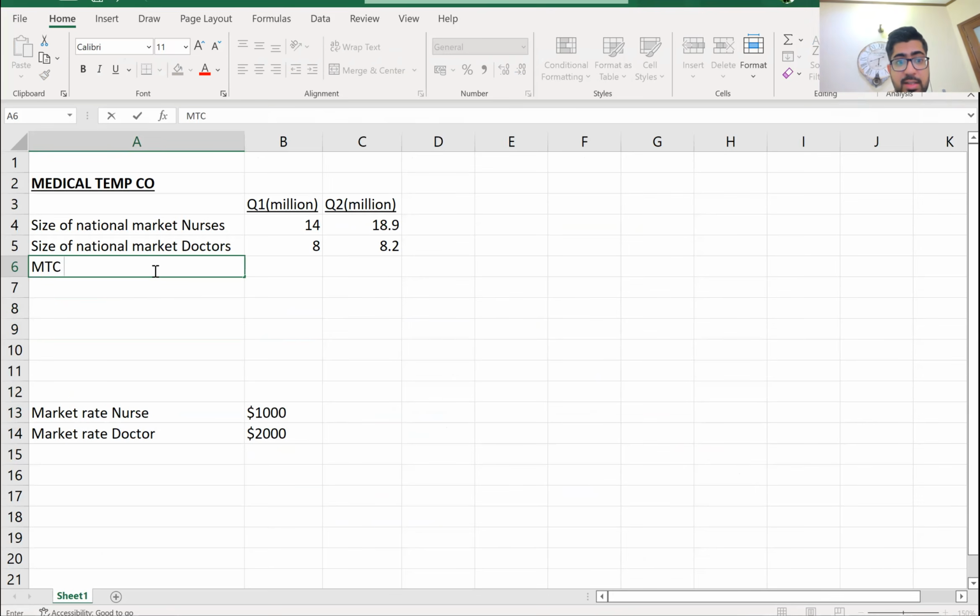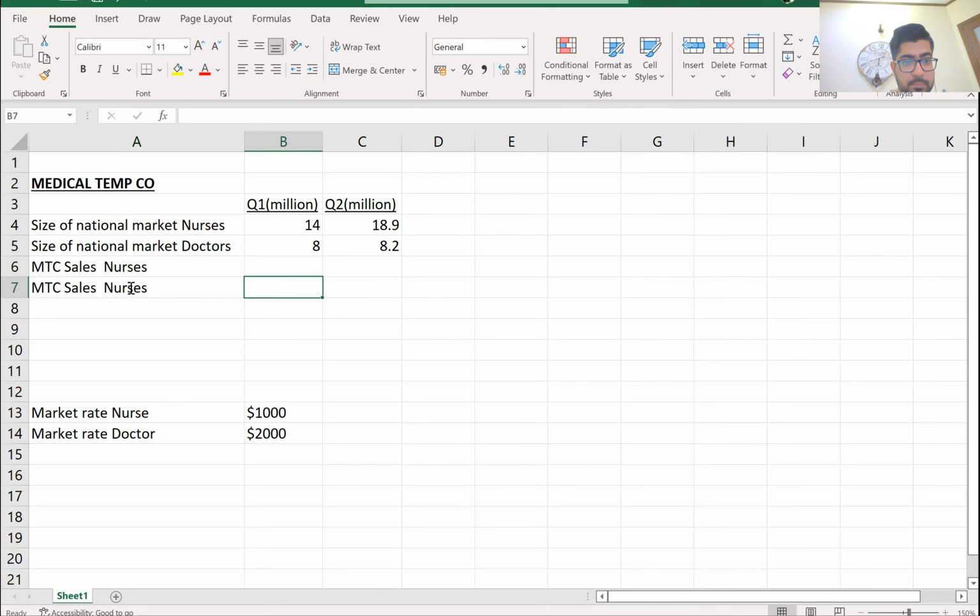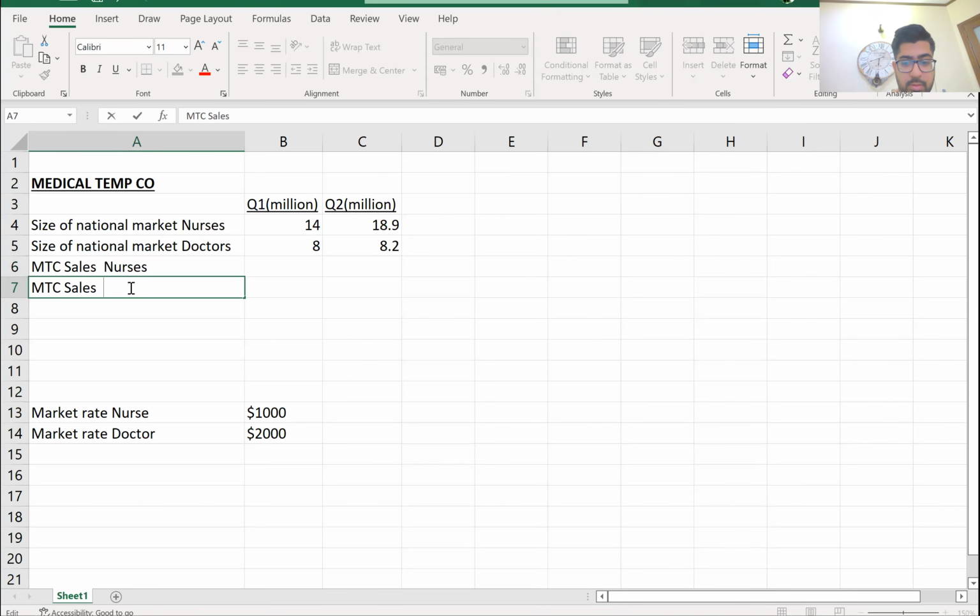So MTC, medical temp companies, sales in quarter one for nurses and MTC sales for doctors. Pay attention. I'm going back to the statement.